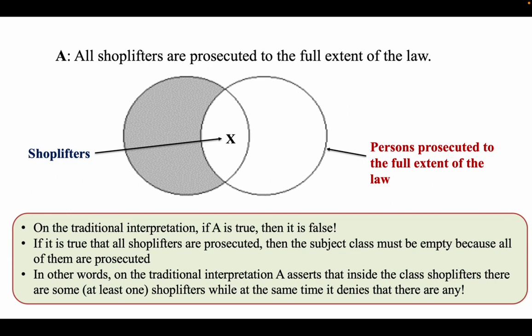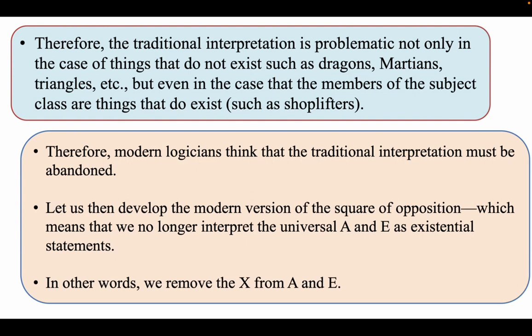So the traditional interpretation of A asserts that inside the class shoplifters there is at least one shoplifter, while at the same time it denies that there are any. And this is a big problem.